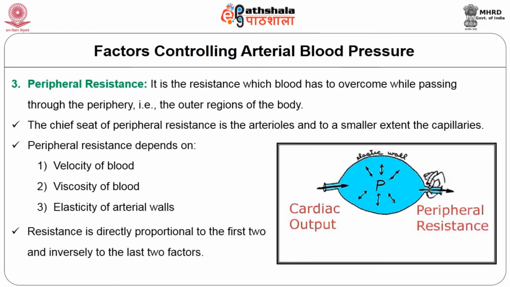It is the resistance which blood has to overcome while passing through the periphery, that is, the outer regions of the body. The chief seat of peripheral resistance is the arterioles and to a smaller extent the capillaries. Peripheral resistance therefore depends upon the velocity of blood, viscosity of blood, and elasticity of arterial walls.